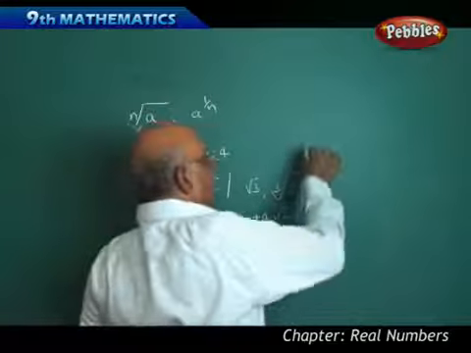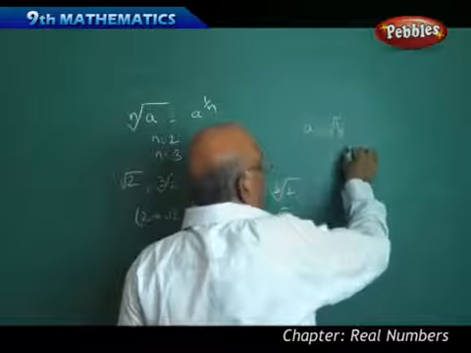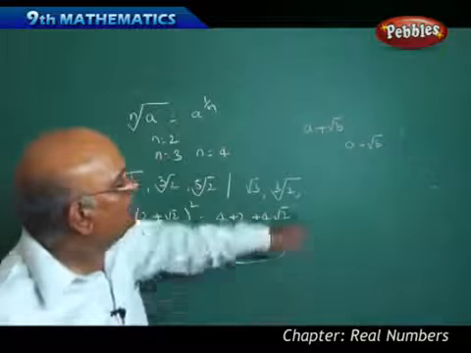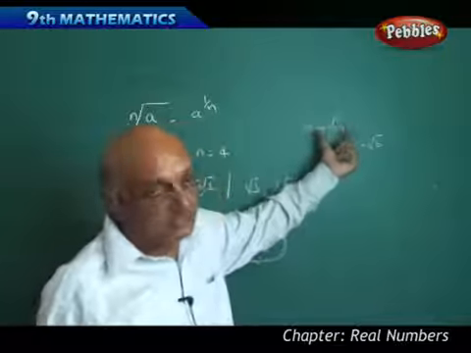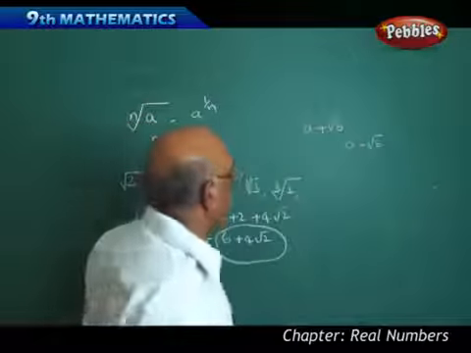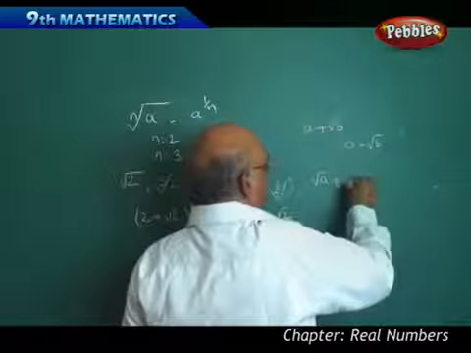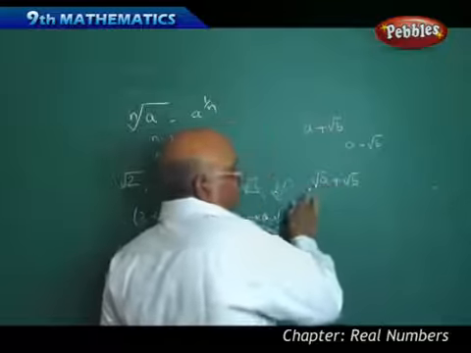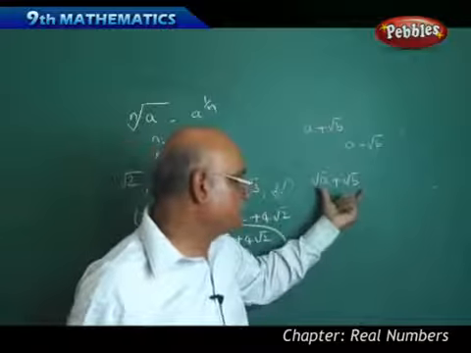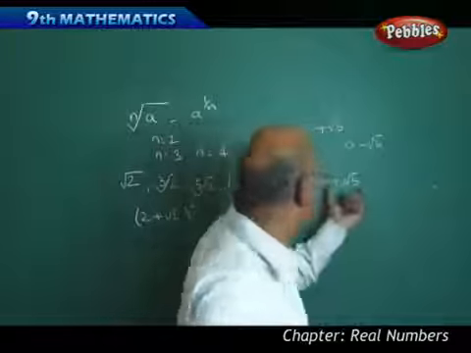Suppose I have a plus root b, then there exists another surd which is a conjugate of this. We call it a minus root b. For every surd there exists an equivalent and opposite conjugate surd.